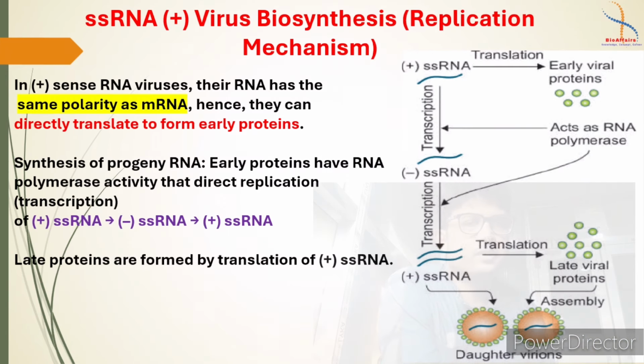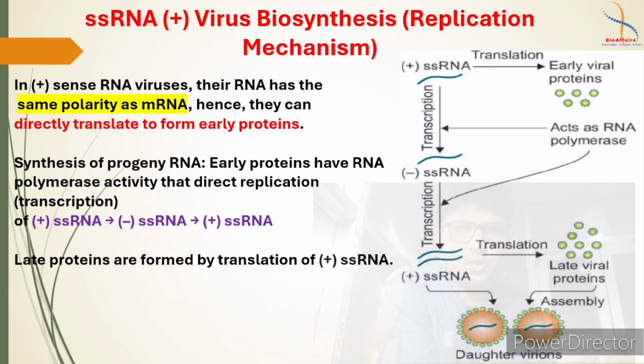Now coming to the next. Within the RNA viruses, there are single-stranded and double-stranded RNA. Now first, in the single-stranded RNA, there are positive sense single-stranded RNA viruses or negative sense single-stranded RNA viruses.